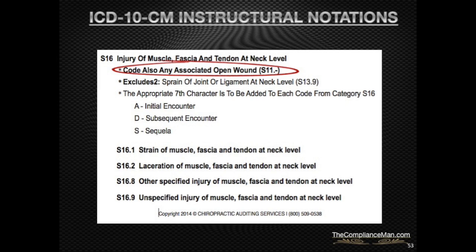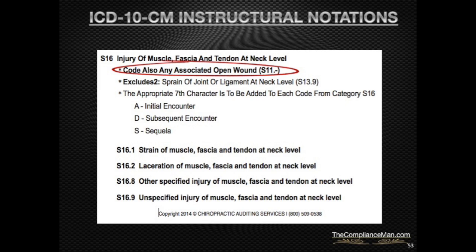And again, in S16, you'll also see excludes 2, sprain of the joint or ligament at the neck level. So you could also use that code together with injury of muscle, fascia, and tendon at the neck level, again, if your documentation supports it.